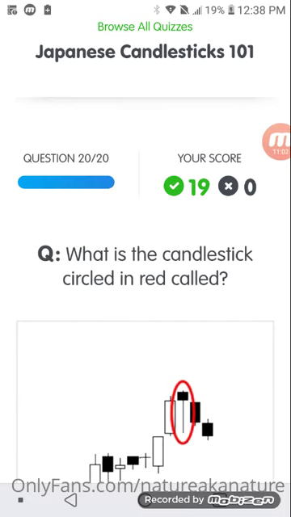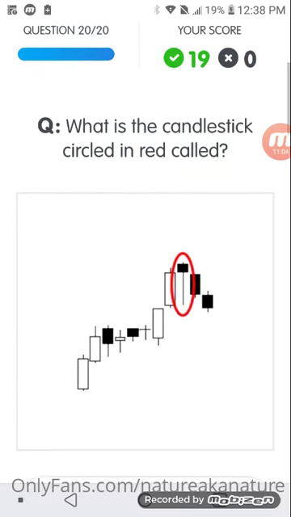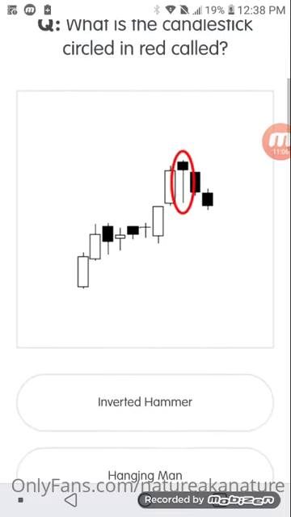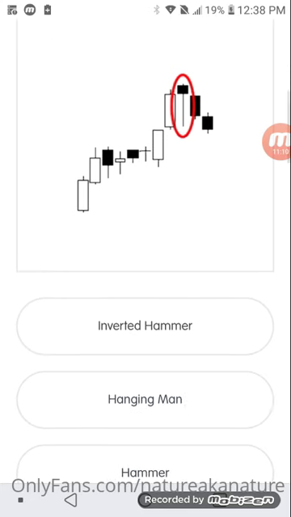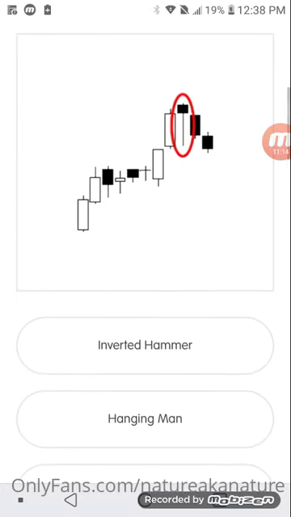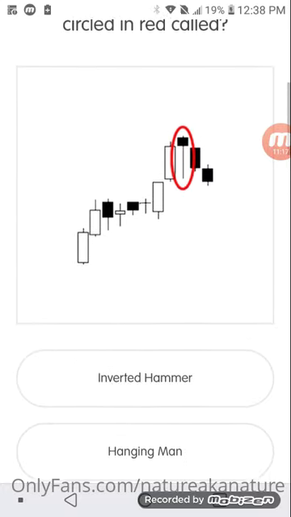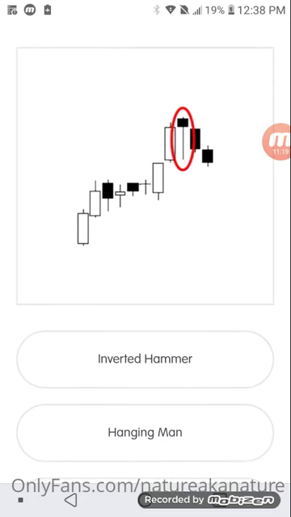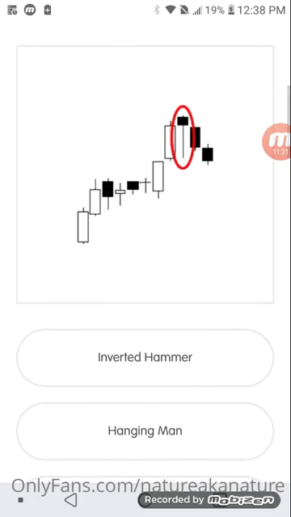Alright, gang, so it's 20 for 20. What is this candlestick pattern called? It's hammering out at the bottom just like the hammer. It's not called an inverted hammer or a hammer. It's called a hanging man. The hanging man and the hammer are identical to each other, but the hanging man is found at the top of an uptrend. It's a possible bearish reversal, meaning that sellers want to come in.